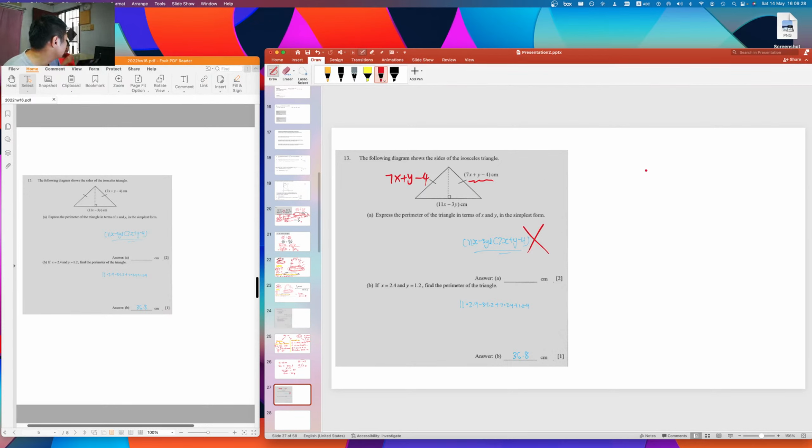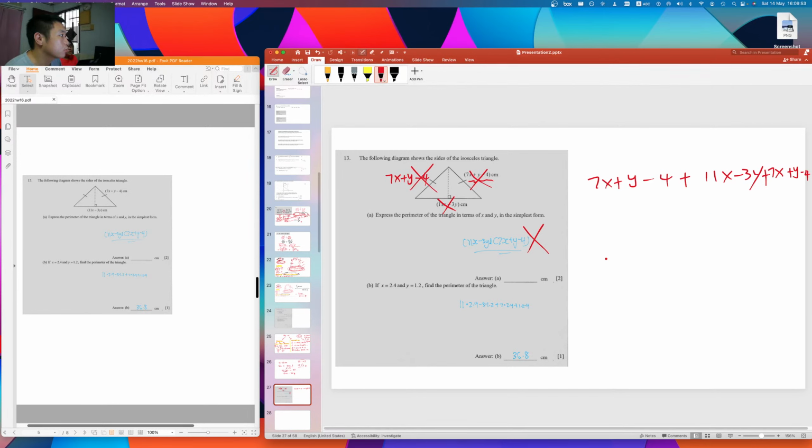Take 7x plus y minus 4, and then plus 11x minus 3y, this one done already, plus 7x, the last one. Go on. Can you simplify this?